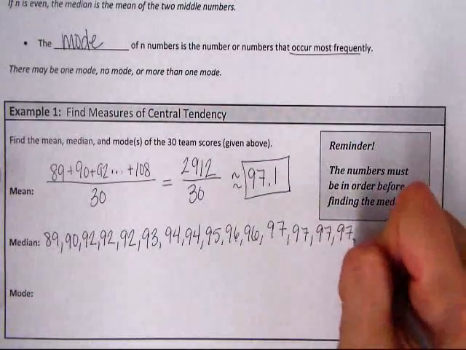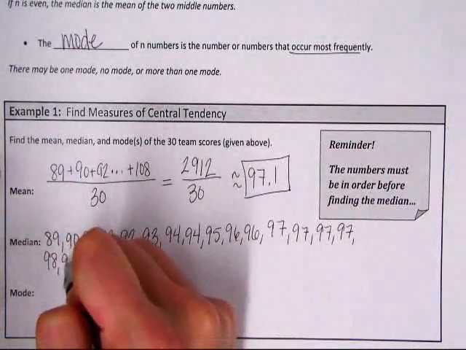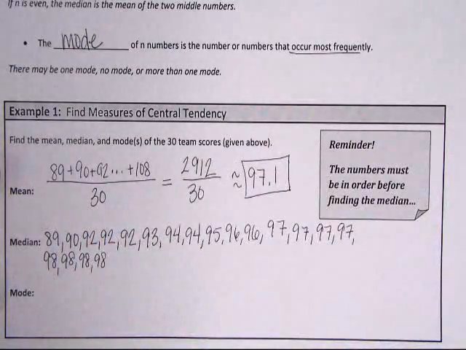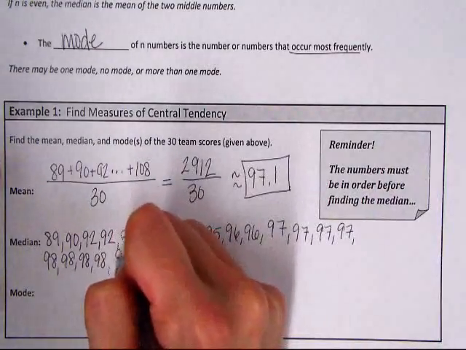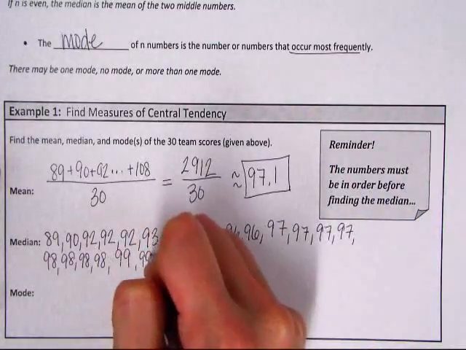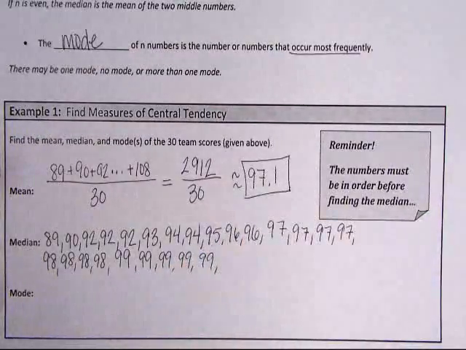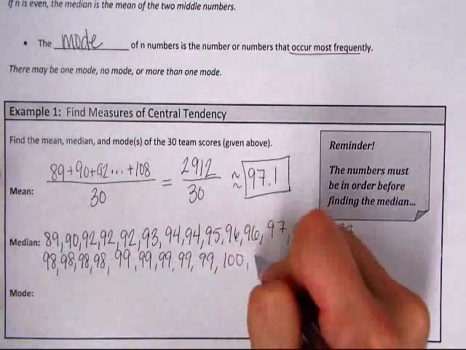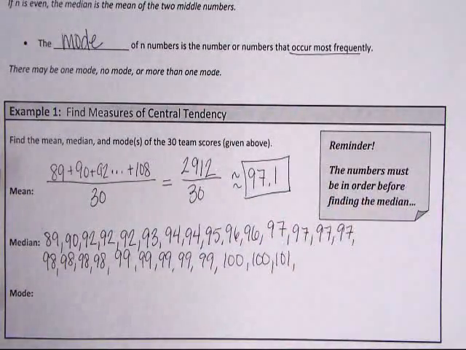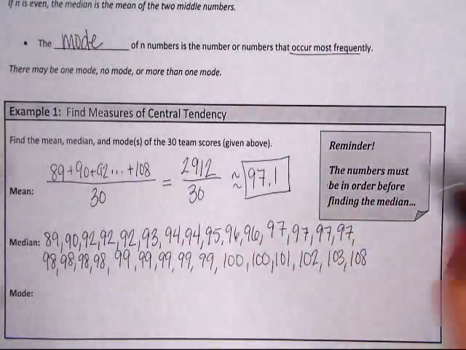Let's see. 98, I believe, was 4 times. I got 99, 5 times. 100 was listed twice. 101 was listed once. 102 was listed once. 103 listed once, and 108 listed once.